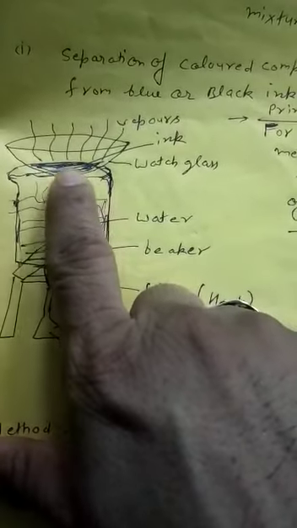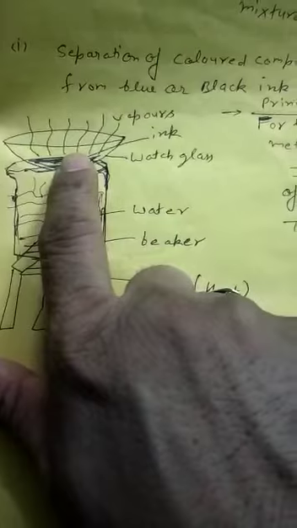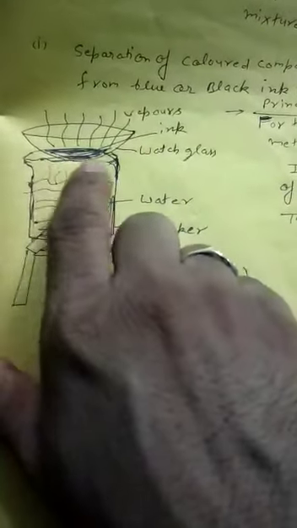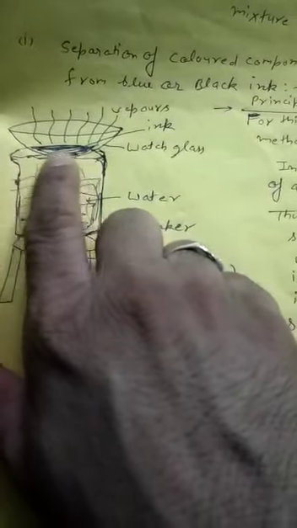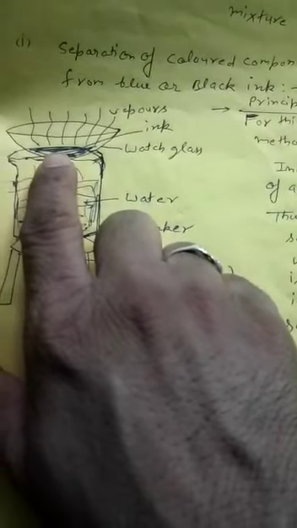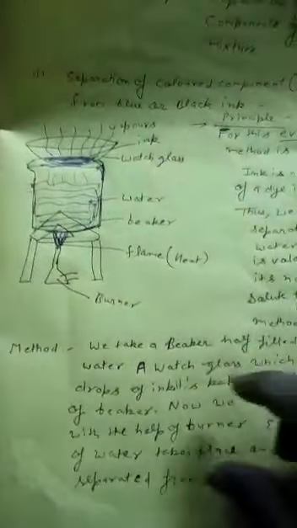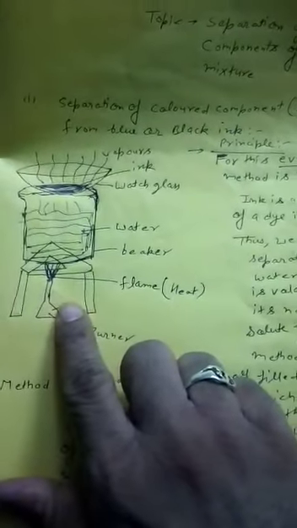So the water from the ink is evaporated, you can see there. Finally we will have only the solid dye in this watch glass. So that is the method we use for the separation of dye from ink.